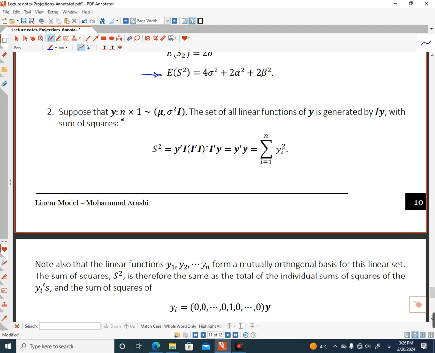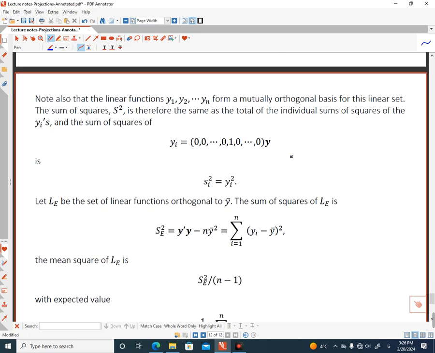Suppose y is n by 1. The expected value is mu. The variance covariance matrix is given by sigma square identity matrix. And we consider the set of all linear functions of y generated by I y. I here is the identity matrix. So if I do proper multiplication with some algebra, S square is given by the sum of squared lengths of y. Also note that the linear functions y1 to yn actually form mutually orthogonal bases for this linear set.